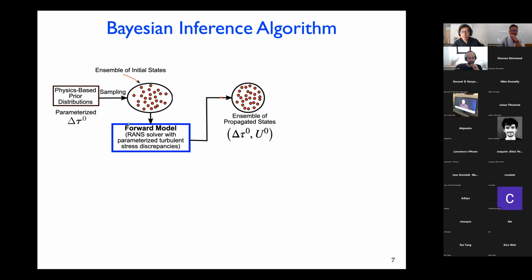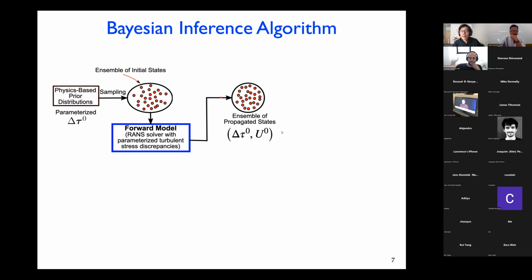And then with the forward model, we can plug in the sampled Reynolds stress discrepancy delta tau and solve for the corresponding velocity field. And then we can get pairs of ensemble propagated states, where the solved velocity, capital U, corresponds to the specific sampled stress distribution delta tau.